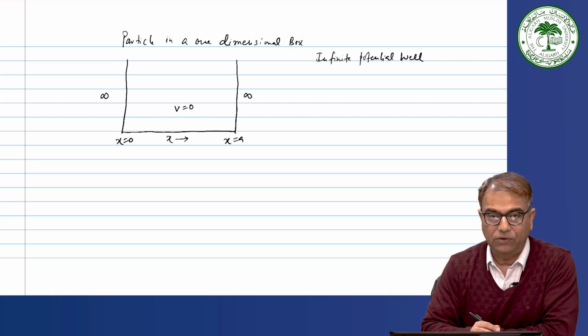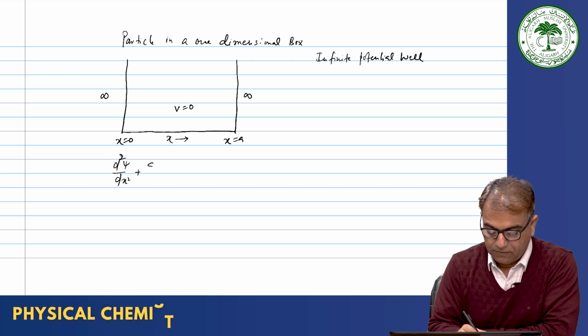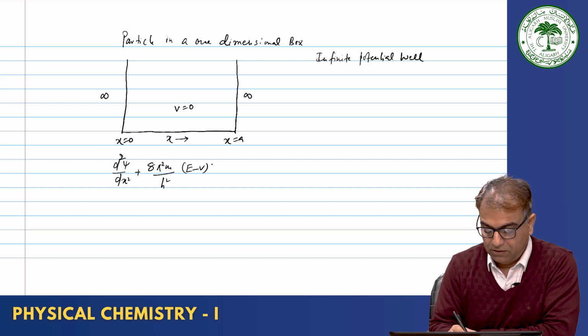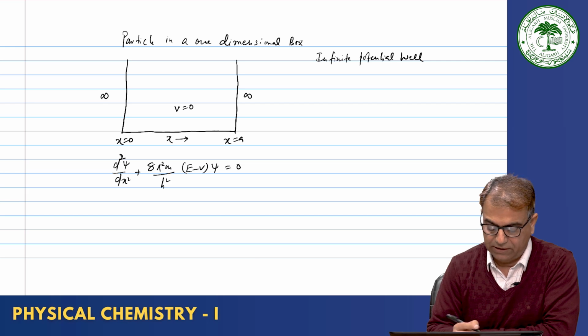So, what can you write? You can write the Schrodinger wave equation, and the Schrodinger wave equation will be d square psi by dx square plus 8 pi square m by h square into (E minus V) psi is equal to 0. Remember, we did the Hamiltonian in the last class, now I am writing it like this, you can write it either way, it is the same thing.